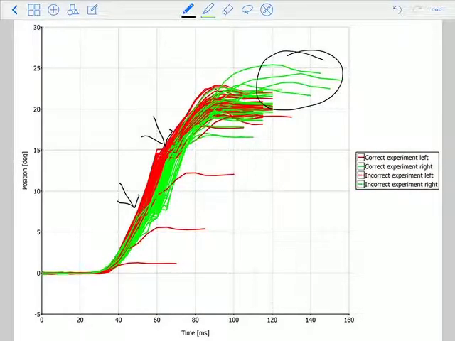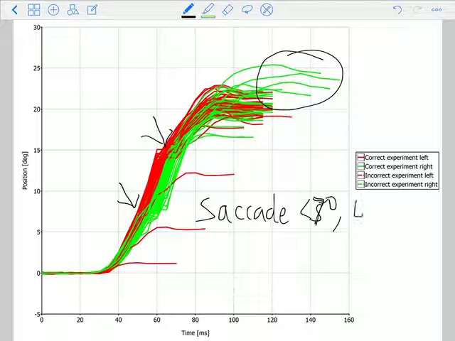So I did change strategies a bit, and I have her now doing a saccade to the right that's less than 5 degrees, no, less than 7 degrees, sorry, and then a left Helmagi.